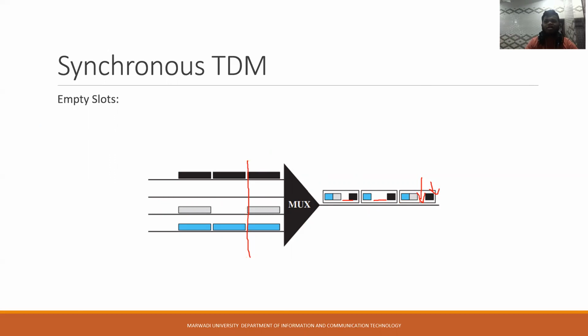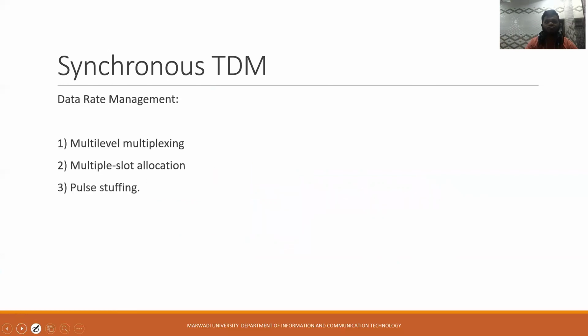So at the time where there is no input, there would be an empty slot. This can be solved by statistical time division multiplexing, but our scope right now is just synchronous time division multiplexing, so this is a problem in synchronous time division multiplexing.